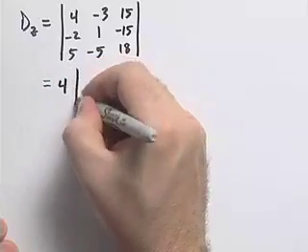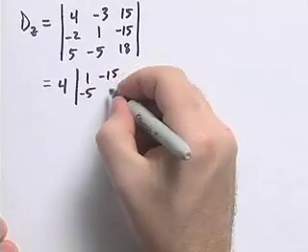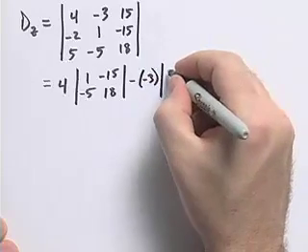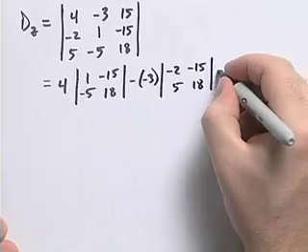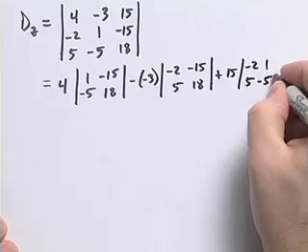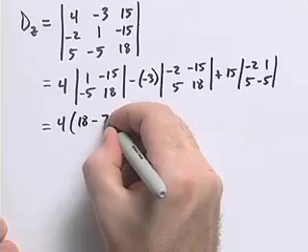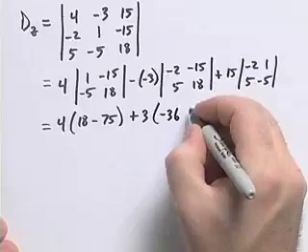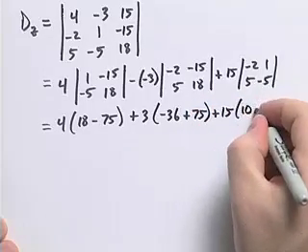So we'll get 4 times the determinant of 1, negative 15, negative 5, and 18, minus negative 3 times the determinant of negative 2, negative 15, 5, and 18, plus 15 times the determinant of negative 2, 1, 5, and negative 5. So here we'll have 4 times 18 minus 75, plus 3 times negative 36, plus 75, plus 15 times 10 minus 5.